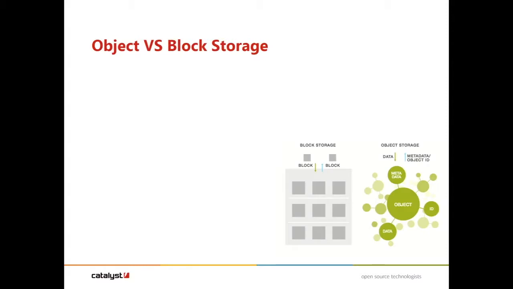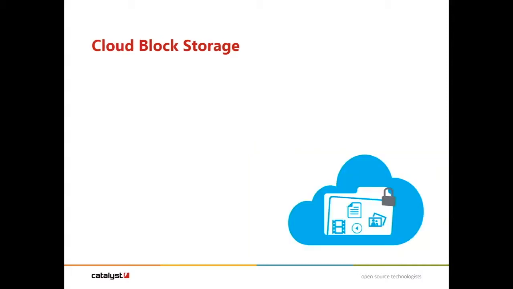Block storage is better for seeking small pieces of information, and object storage is better for retrieving whole streams of information all in one go. You can use object storage to retrieve ranges within files, but basically that's what it's best suited for.